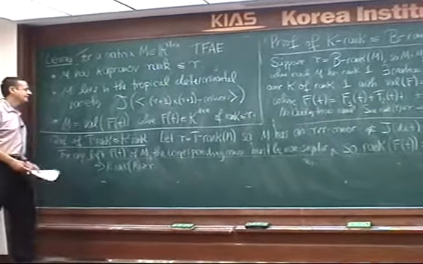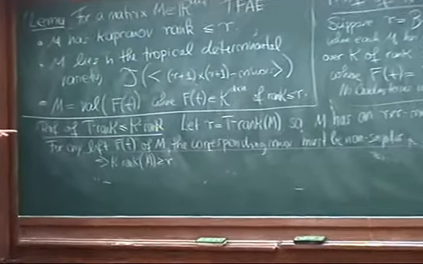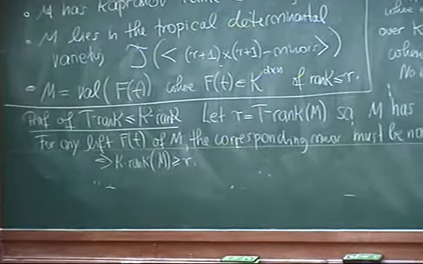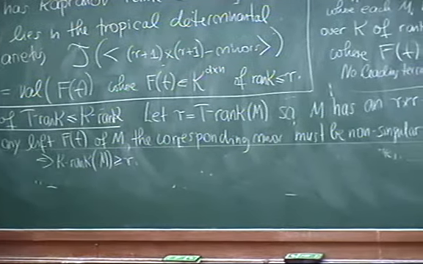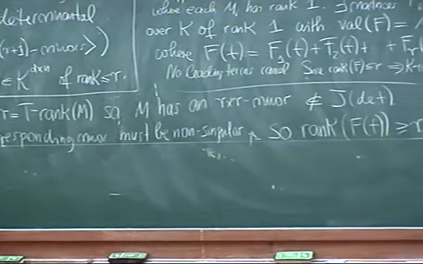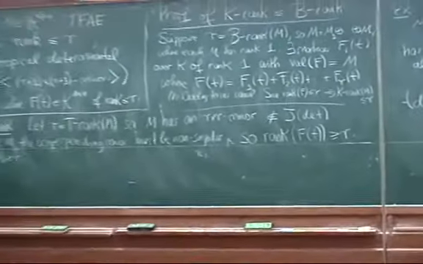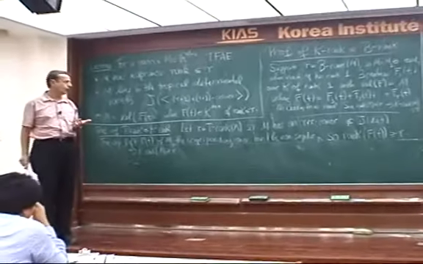Okay. So what I've shown is I have a matrix of tropical rank R. For every lift, the rank is at least R. So there is no lift of rank R minus 1 or less.